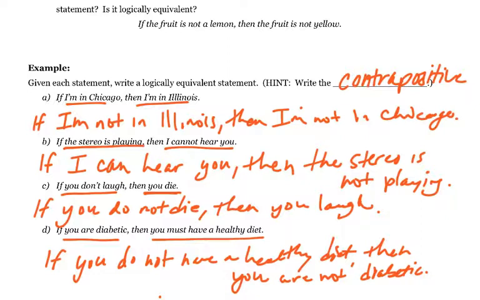But it is a logically equivalent statement, even if in reality we would not necessarily think that is true. It is possible to not have a healthy diet and not be diabetic, or and be diabetic. Anyway, that's almost like a doctor preaching comment than one I would actually pick. But that's how we get a logically equivalent statement for that.